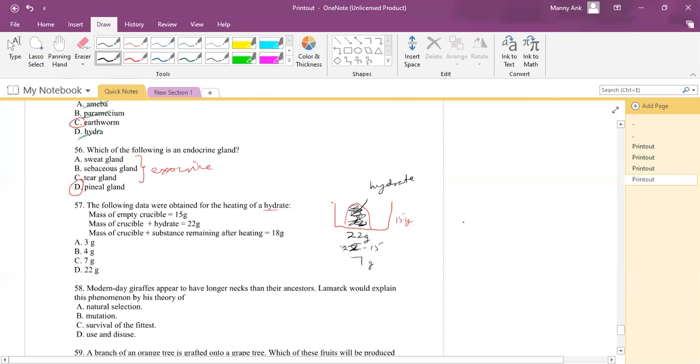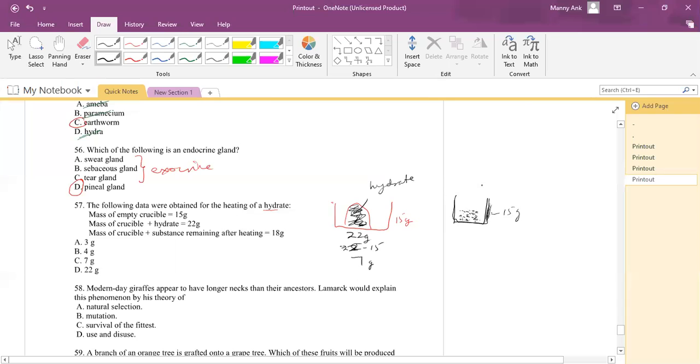Now, after you heat this up, it dries off the water. So now we're going to have the dry form, the anhydrous form. So the water is off. The weight of the crucible here is still 15 grams, right?